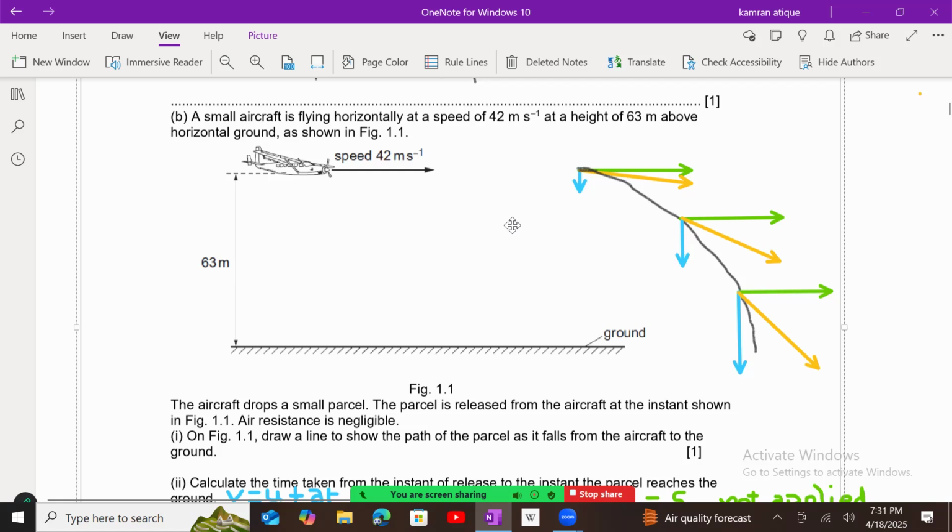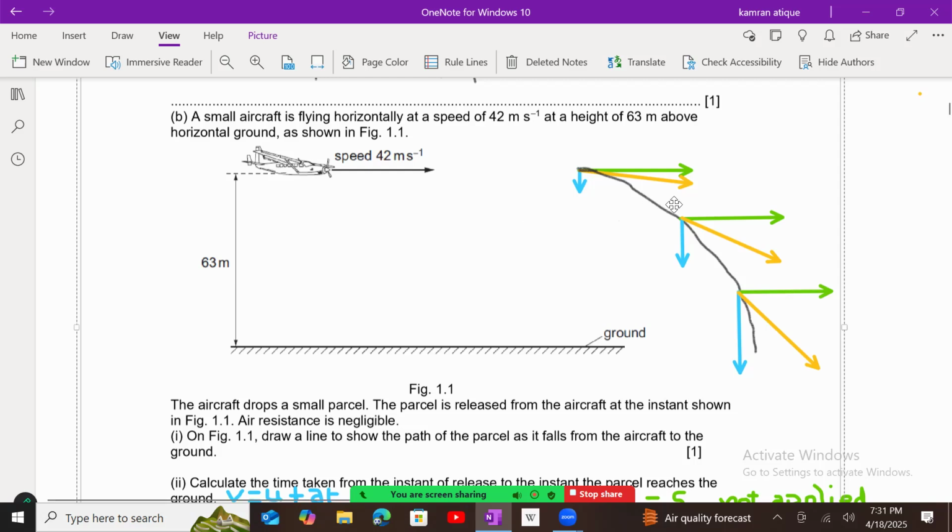There wasn't any resultant force present in the horizontal direction. So, according to Newton's laws, if there wasn't any horizontal force present, it is impossible to have a horizontal acceleration, because F equals ma, where F is the resultant force and a is the acceleration.